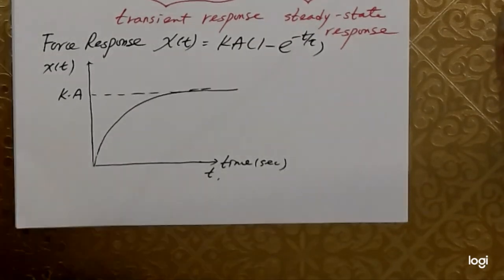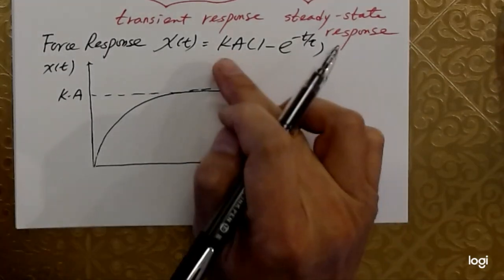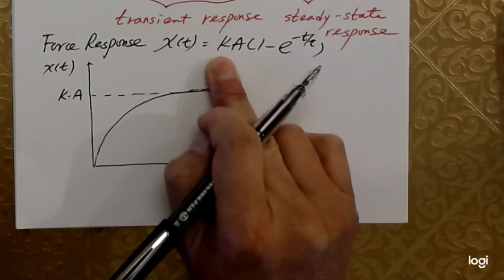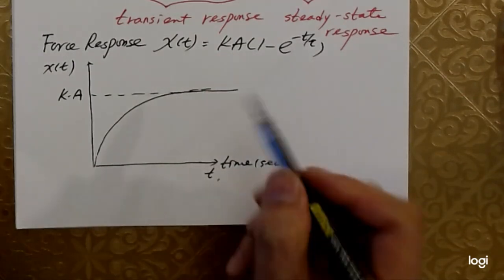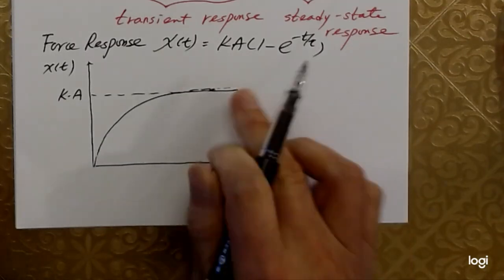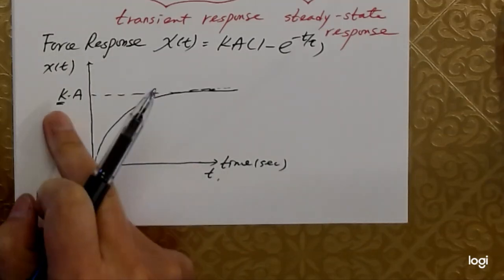Remember we say K is the steady state gain. What does that mean for a first order system? It means that at steady state conditions, K simply amplifies the input.